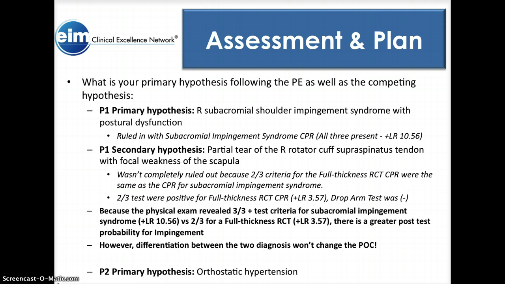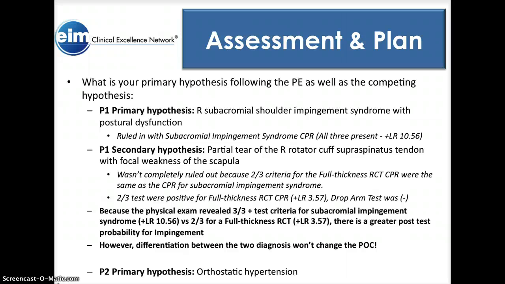So when assessing the physical exam and formulating a plan, my primary hypothesis of right subacromial shoulder impingement syndrome with postural dysfunction was definitely my first thought and was confirmed with the physical exam, but the secondary hypothesis of the partial rotator cuff tear couldn't be ruled out.